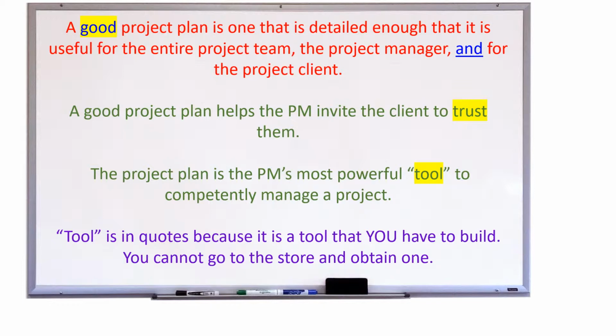There's a project plan for the project team members. Maybe there's another project plan for the subcontractors, and then there's a project plan that gets released to the public, and then there's another project plan that's just for the client, and then there's another project plan that's just for the procurement folks. So keep in mind that that's a general statement, and also that for your project, you are the project manager and you're also your entire project team.